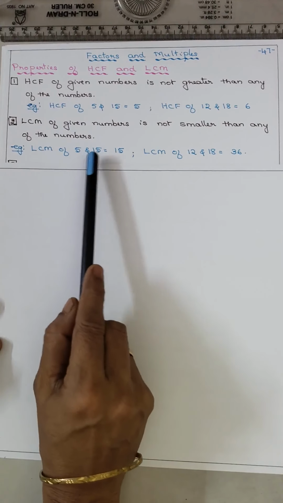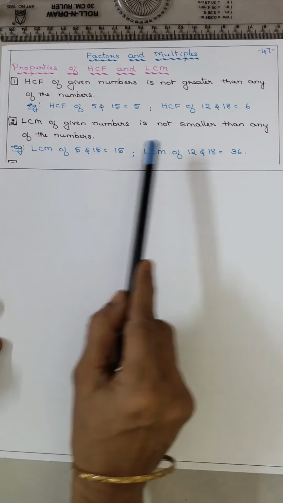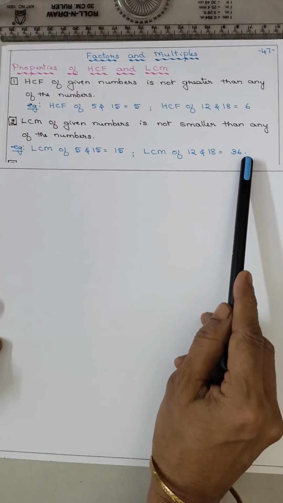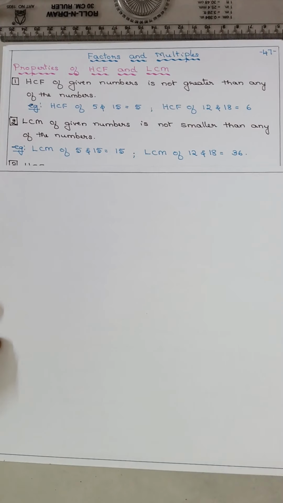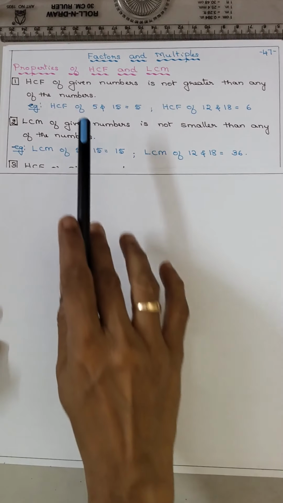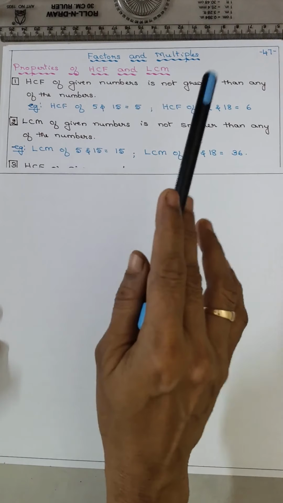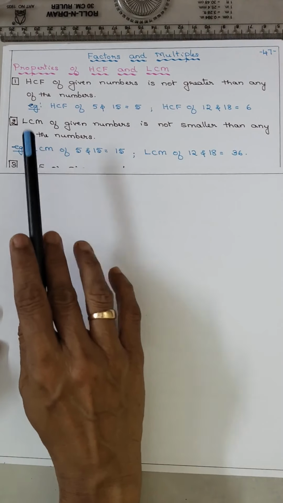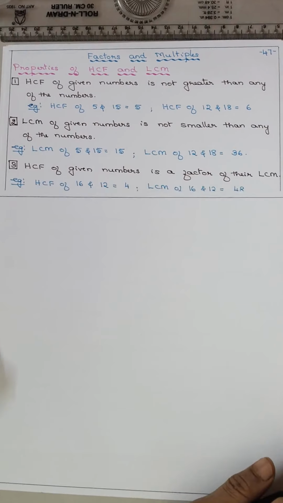So here the LCM is equal to one of the numbers or it might be greater, as in 12 and 18 it is 36. Hope you understood these two concepts. So the HCF will not be greater than any of the two given numbers and the LCM is not smaller than any of the given numbers.